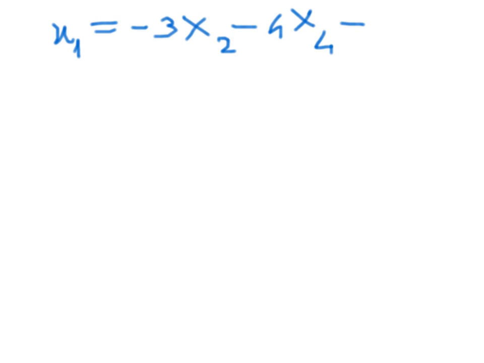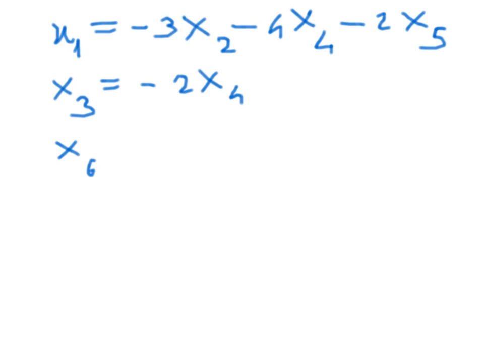You can write that x1 is equal to minus 3 x2 minus 4 x4 minus 2 x5. And then the second equation is x3 equal to minus 2 x4. And the last equation is x6 is equal to 1/3. Okay, this is the set of equations.